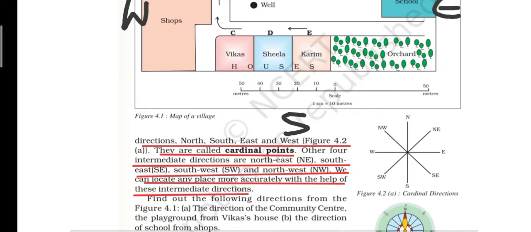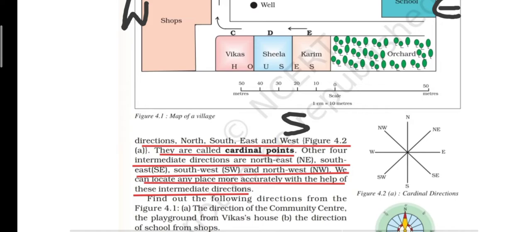The west direction will always be on the left side, and the east direction will always be on the right side. So if in front of you is north, at the back will be south, on the left side it will be west, and on the right side it will be east.